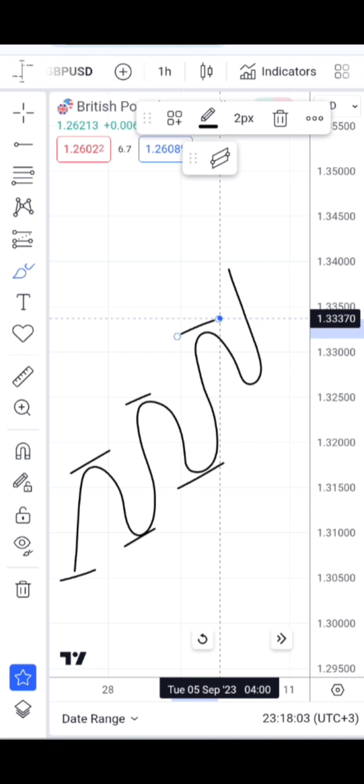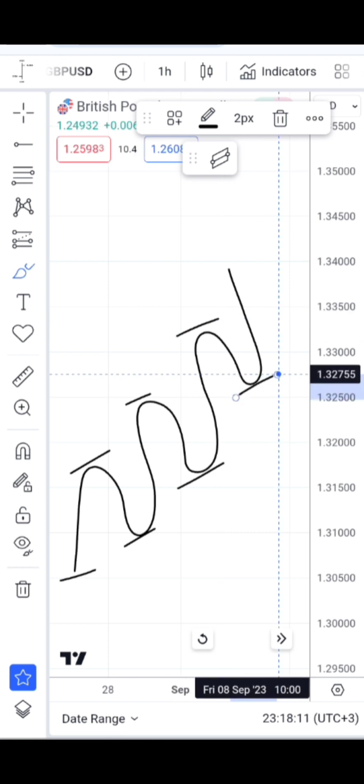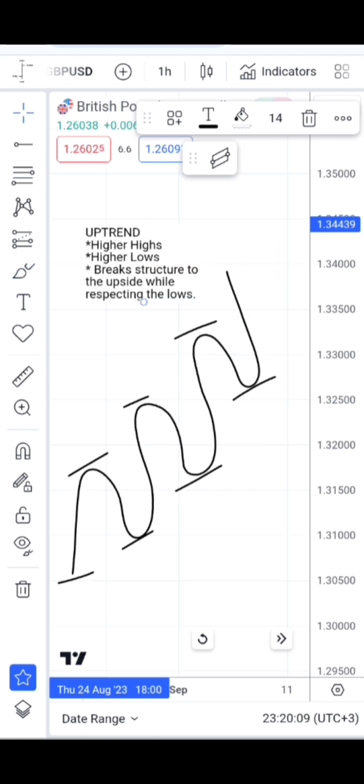It's a high, but it's higher than the previous high, so it's a higher high. So that higher high creates a new low, but that low is higher than the previous low, so it becomes a higher low. So in an uptrend, the market creates higher highs and higher lows.